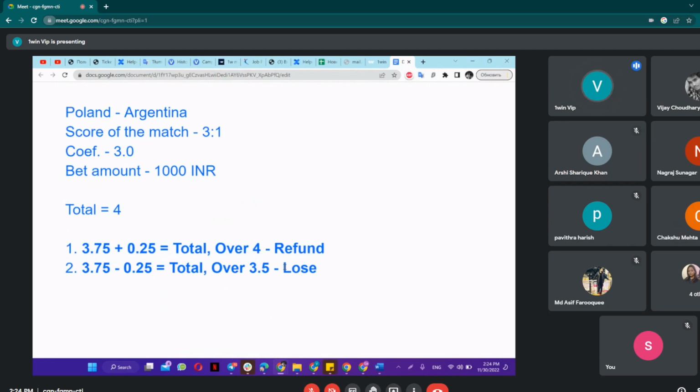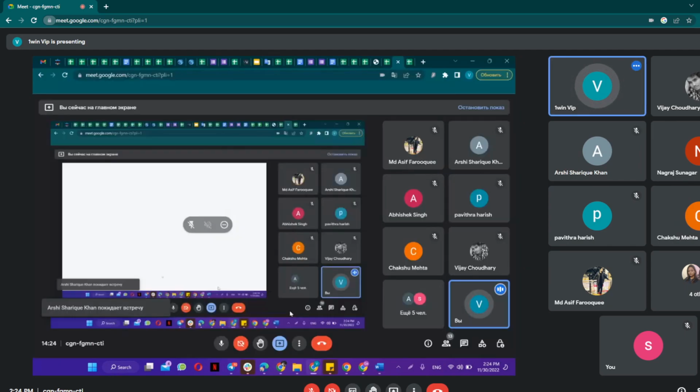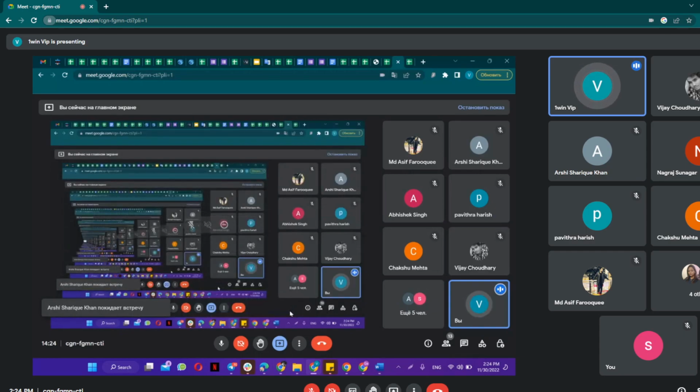So, okay, let me explain another way. For example, Abhishek, I'm telling you that you will run more than 3.5 kilometers.